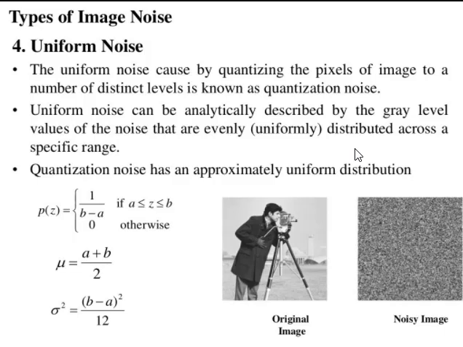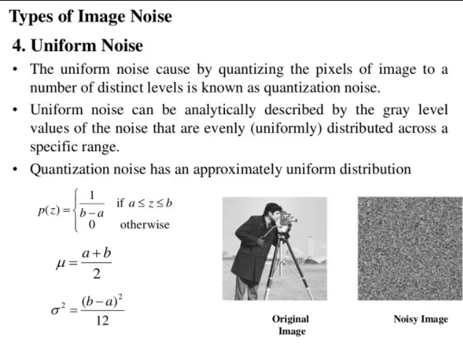So P of z is equal to 1 upon b minus a, where z ranges between a and b, and it is 0 otherwise. So the fourth type of noise is uniform noise.